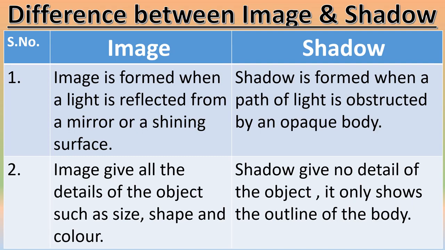Point number 2. Image gives all the details of the object such as size, shape and color, whereas shadow gives no detail of the object, it only shows the outline of the body.